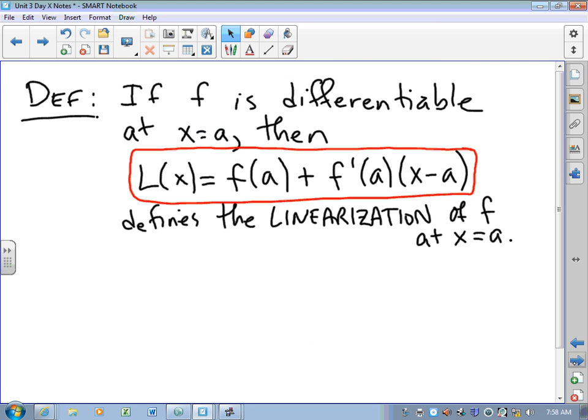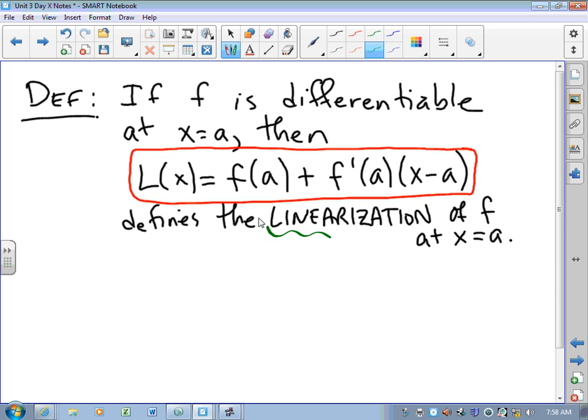So by definition, if f is differentiable at x equals a, then L of x, which is f of a plus f prime of a times x minus a, defines the linearization of f at x equals a.